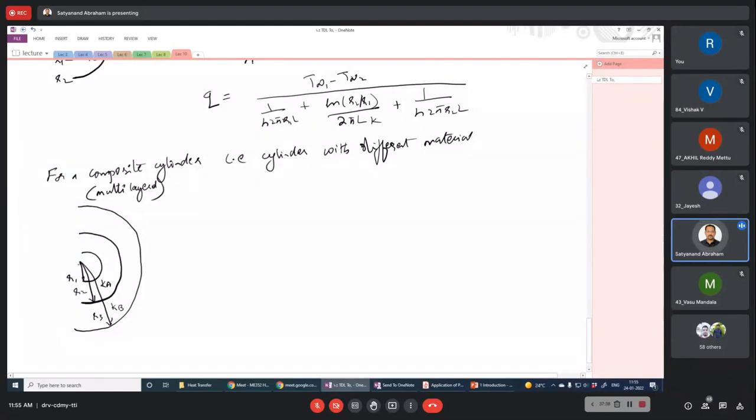And inside, what is the condition? We have convective heat transfer with H1 and T infinity 1, and outside we have H2 and T infinity 2. Here we write the inner surface temperature T1, intermediate temperature T2, and outer temperature T3.